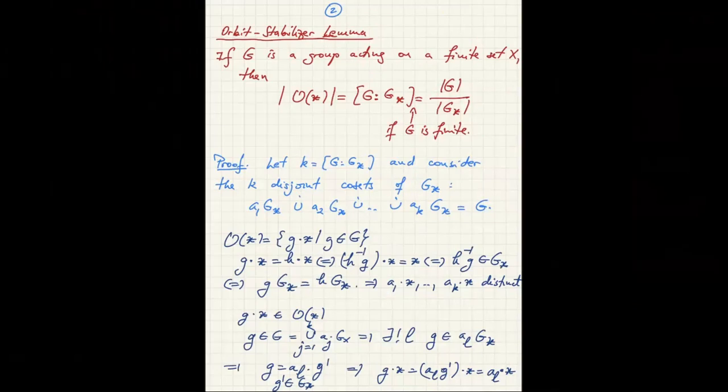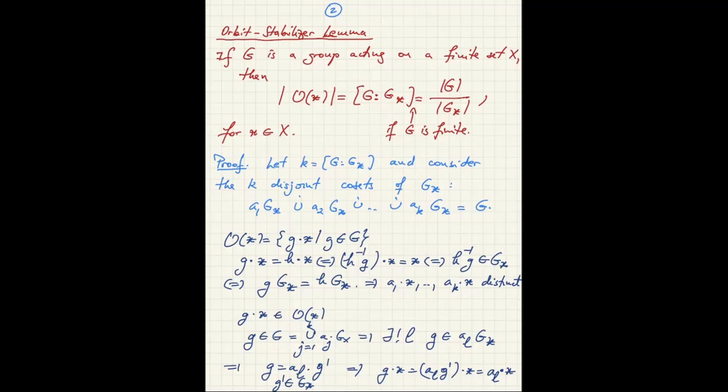It says the following: if G is a group acting on a finite set X, and x is an element of it, then the cardinality of the orbit of x equals the index of the stabilizer of x in the group G, which, if G is finite, is the same thing as the ratio between the cardinality of G and the cardinality of G_x. Okay, so let's go over the proof of this result.